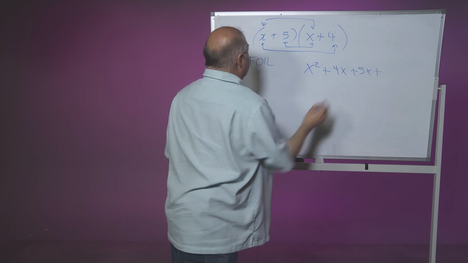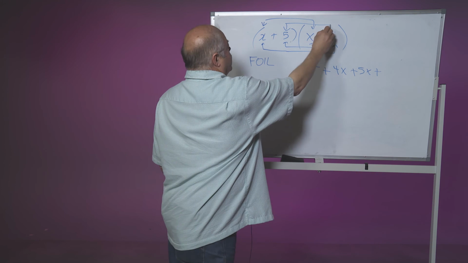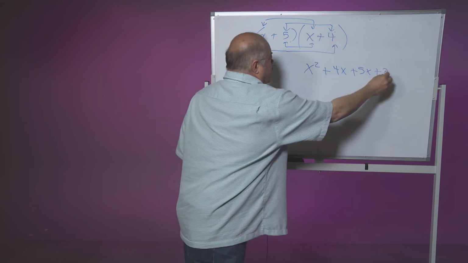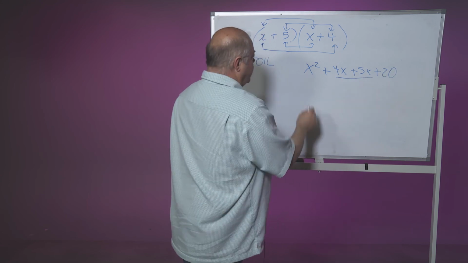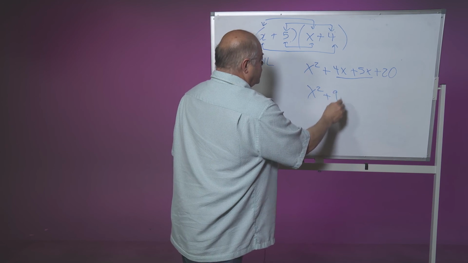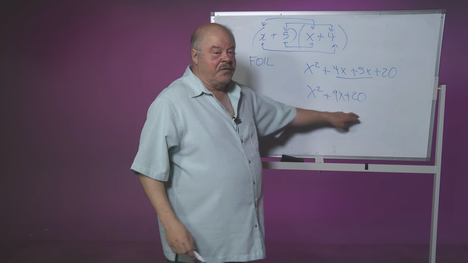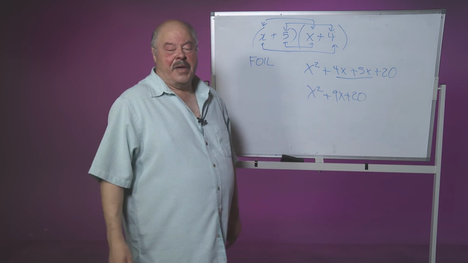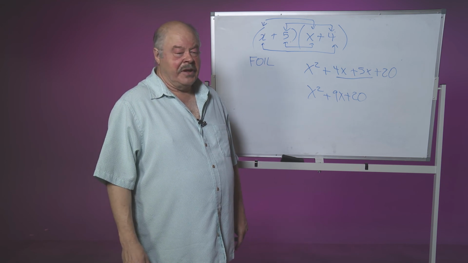And then finally, the last terms, which would be plus 5 times plus 4, which is plus 20. And then these terms here we can combine. So our final answer would be x squared plus 9x plus 20. And that's using the FOIL method. Please review the FOIL method. It'll really help you get some easy points on the math test.